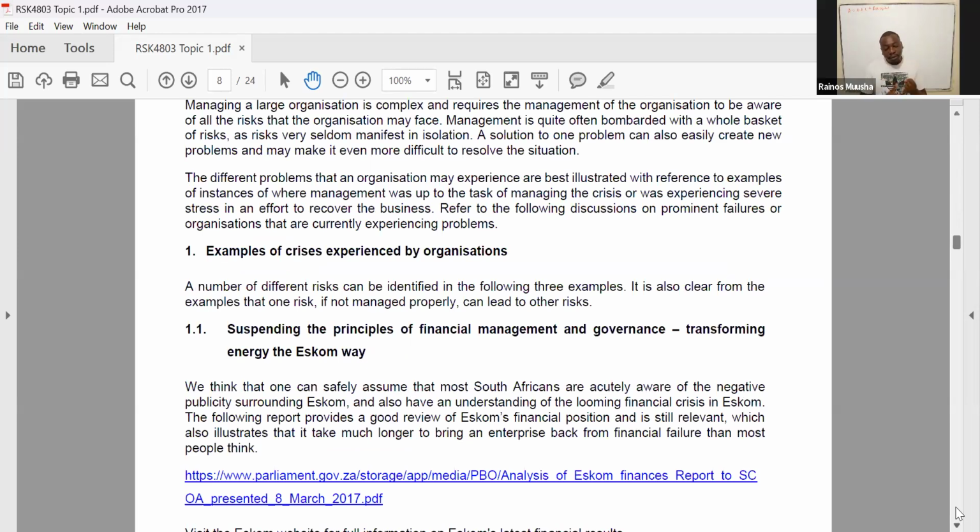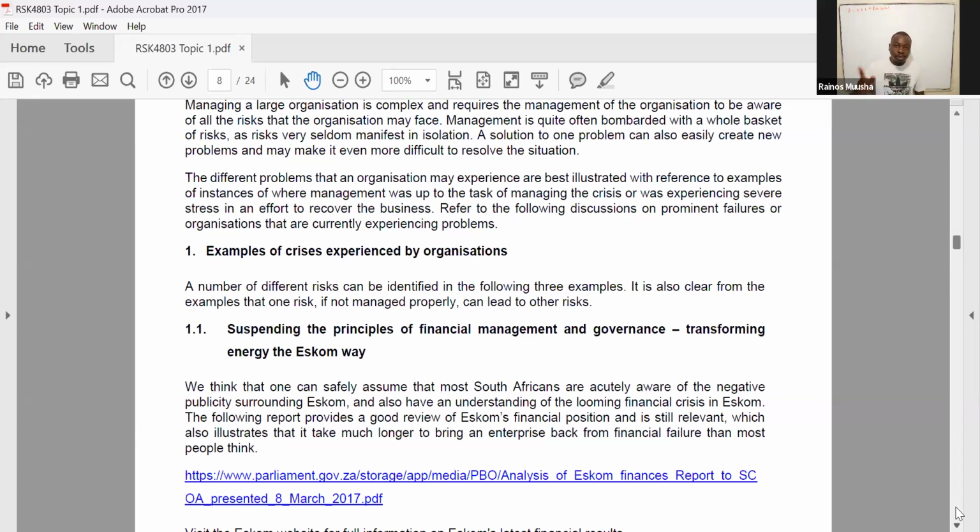On study unit 1.1, 1.2, 1.3, and 1.4. My advice is, even if you look at study unit 1.1, it has got a list of so many articles that the lecturer is asking you to go through.